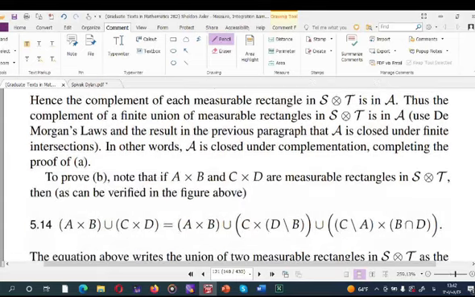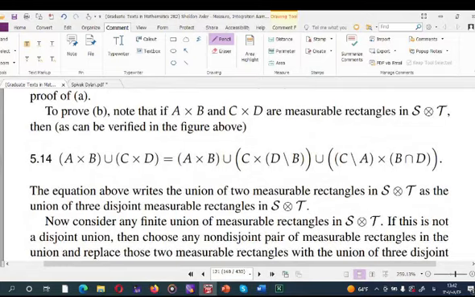And for the proof of B, note that if we consider two measurable rectangles, then we see that the union of these two rectangles equals this, and these measurable rectangles are mutually disjoint, so that we see that the union of any two rectangles can be written as disjoint measurable rectangles.